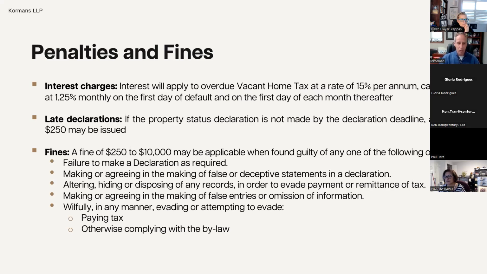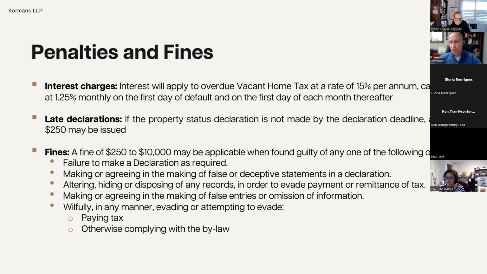So you could be anywhere from $250 to $10,000, or if they find that you're making false or deceptive statements in your declaration, or if you're altering, hiding, or disposing of any records in order to evade a payment of the tax, or you're participating in making any false entries or omissions of information, or if you're willfully in any manner evading or attempting to evade paying tax or otherwise complying with the law.